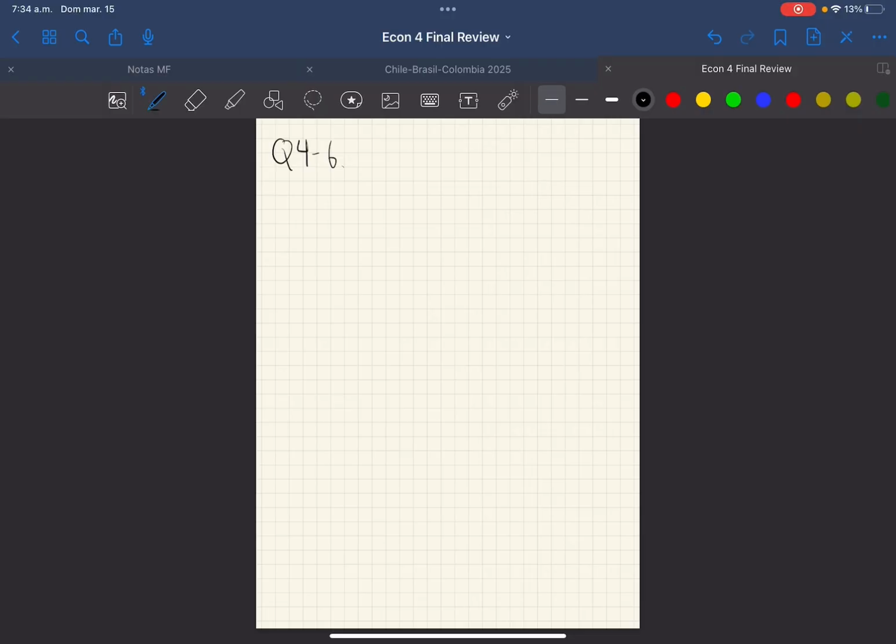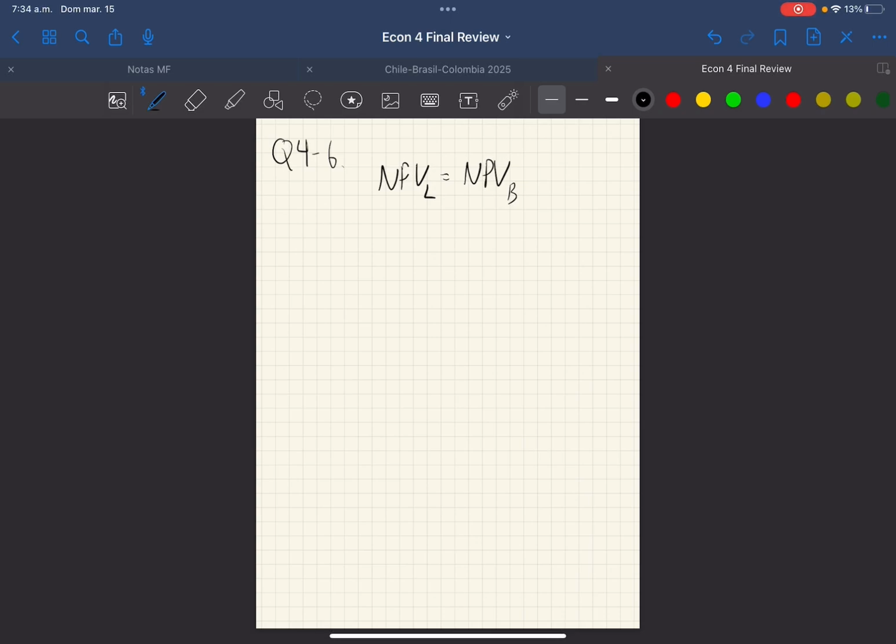So what this question is basically asking for is for us to calculate an interest rate when the net present value of leasing is equal to the net present value of buying. So let's write down the equations for both of these net present values.